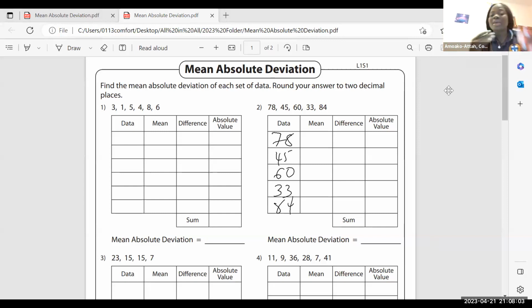You find the mean of your data, and you find their differences from the mean. You add them, choosing the absolute values, that's the positive values. Then you divide by how many numbers you have. That is the mean absolute deviation.